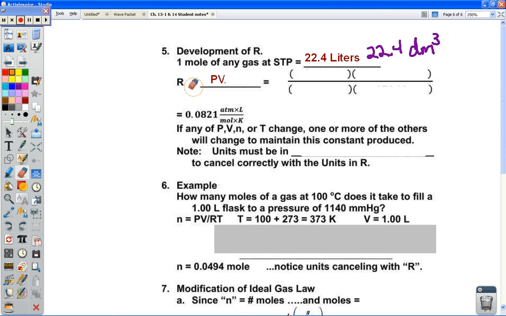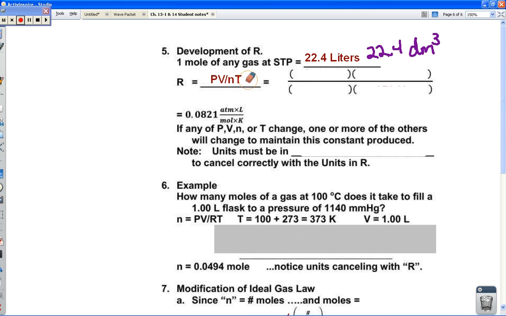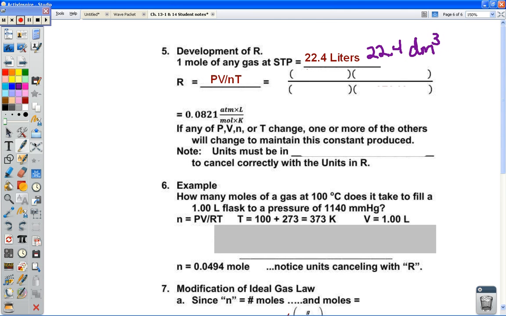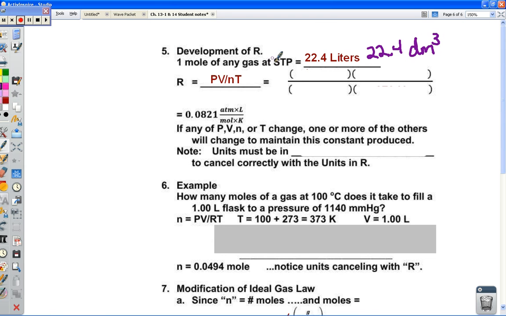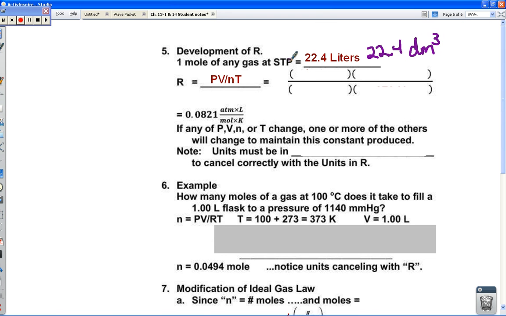R equals PV over NT. But if we know it's 1 mole at STP, then we know that the pressure at STP is 1 atmosphere. The volume is 22.4 liters. N is 1 mole.